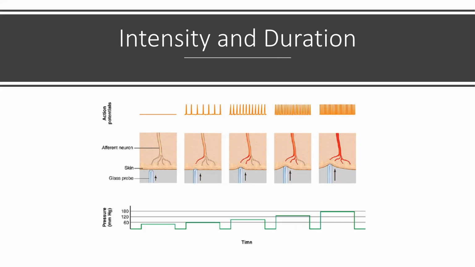On the other hand, your Merkel cells and your Ruffini endings are slowly adapting receptors, so they will continue to fire as long as the pressure is still there. Muscle spindles and nociceptors are also slowly adapting receptors.